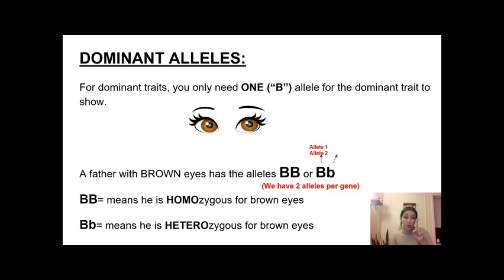You only need one big B inside there for the brown to show. So both of those mean you can have brown eyes. The only difference is that big B, big B is homozygous for brown eyes, and big B, little b is heterozygous for brown eyes. I like to remember this by homo meaning same and hetero meaning different. So big B, big B, same, homo.